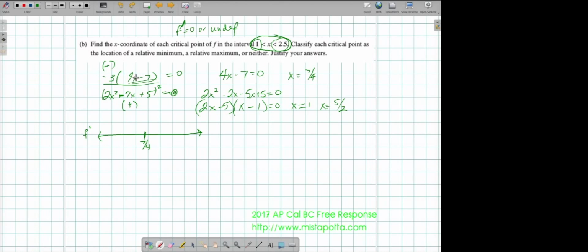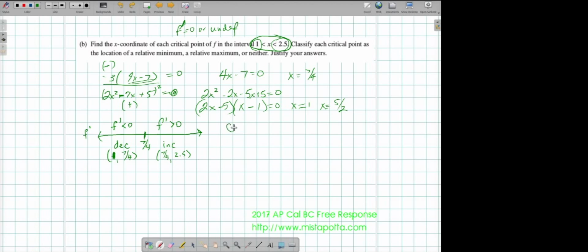So if x is less than 7/4, say if x is 1.5, 4 times 1.5 is 6, 6 minus 7 is -1, and because my derivative is less than 0, that means that we are decreasing on the interval from 1 to 7/4. And if I try a value that's larger, like 2, that's 4 times 2, which is 8, minus 7, which is 1. So f prime is greater than 0, which means we're increasing from 7/4 to 2.5.